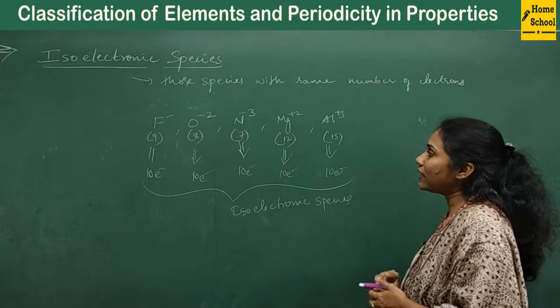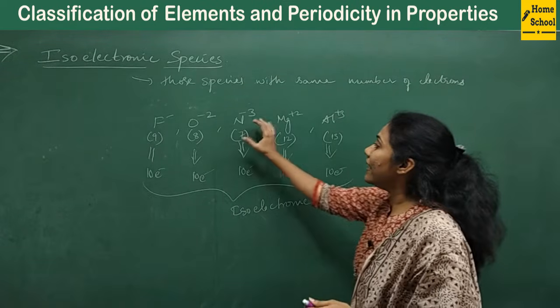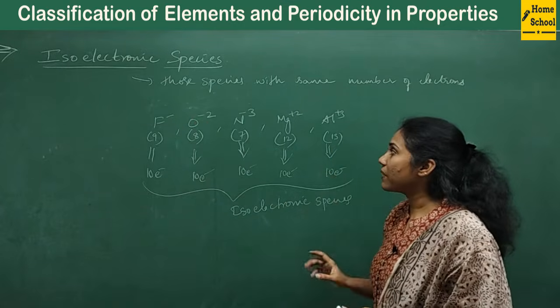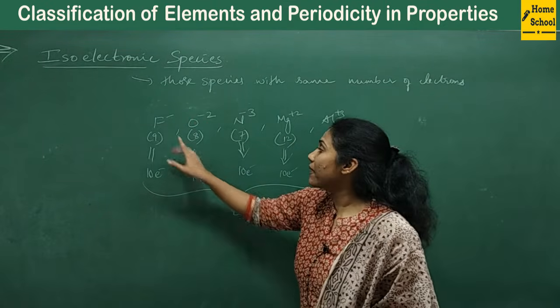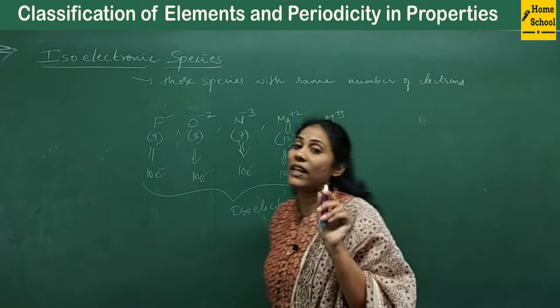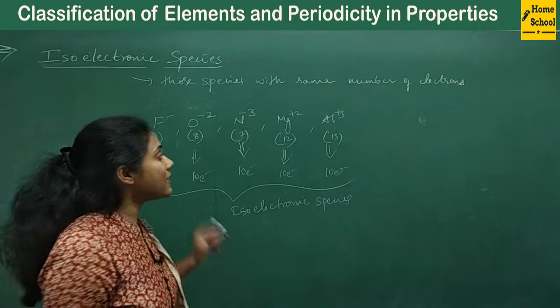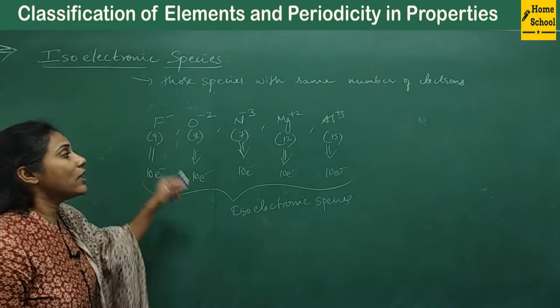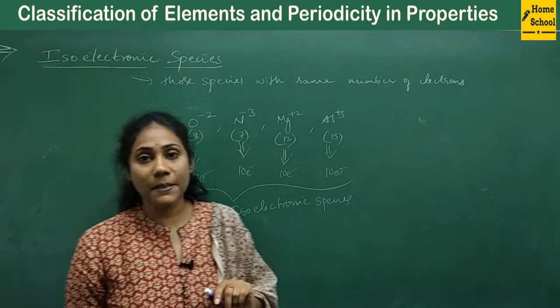So what are isoelectronic species? Different elements or different ions, different atomic numbers but the same number of electrons. You must completely understand what we mean by isoelectronic species.